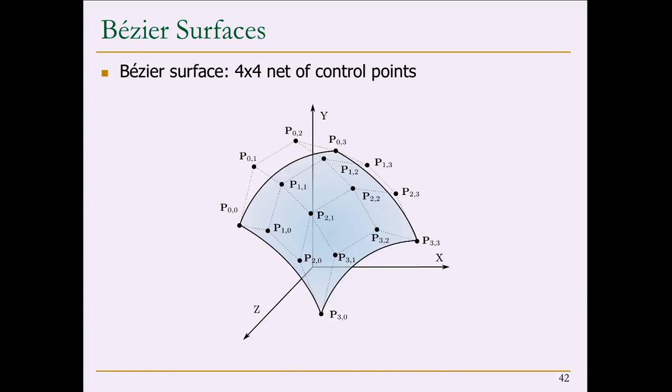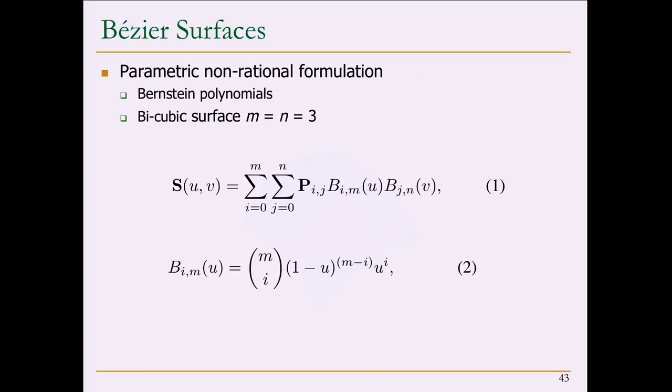In the image, what you see is what is called a bicubic Bezier surface that is generated from a net of 4 times 4 control points. Depending on the relative position of the control points, we have a different shape of the surface. The surface points are generated using these two expressions, which involve the Bernstein polynomials.